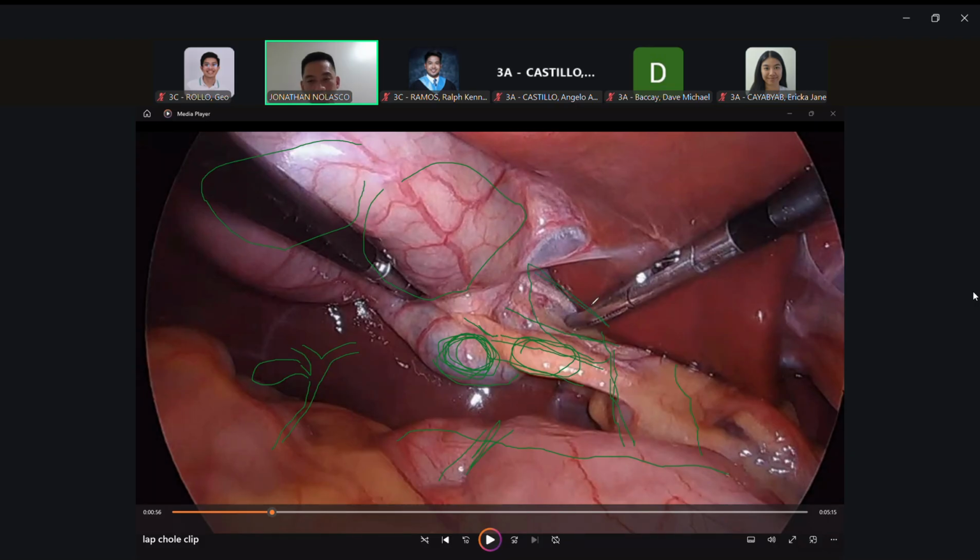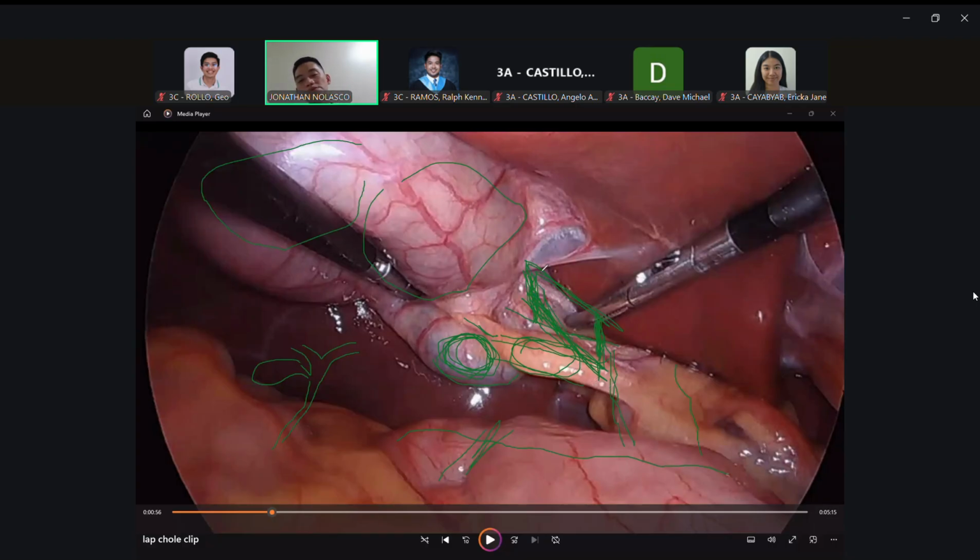I'll make it thicker because it's the same color. Oh, no, sorry, like this. So it's not perfect, but because the gallbladder is being retracted. And the other side here medially is the border of the hepatic duct. So this space should be a triangle that we call the hepatocystic triangle.